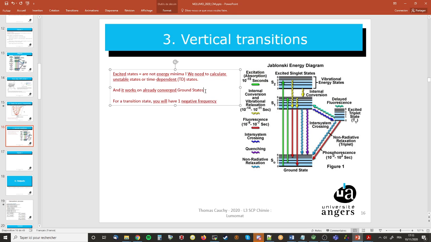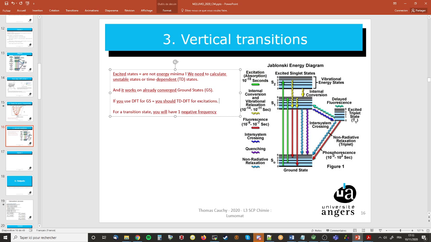So if you use DFT for the ground state, you should use TD-DFT for excitations. Okay, that's what we call coherent. That means that if you do, for example, Hartree-Fock for the ground state, you should do TD Hartree-Fock for the excited states.